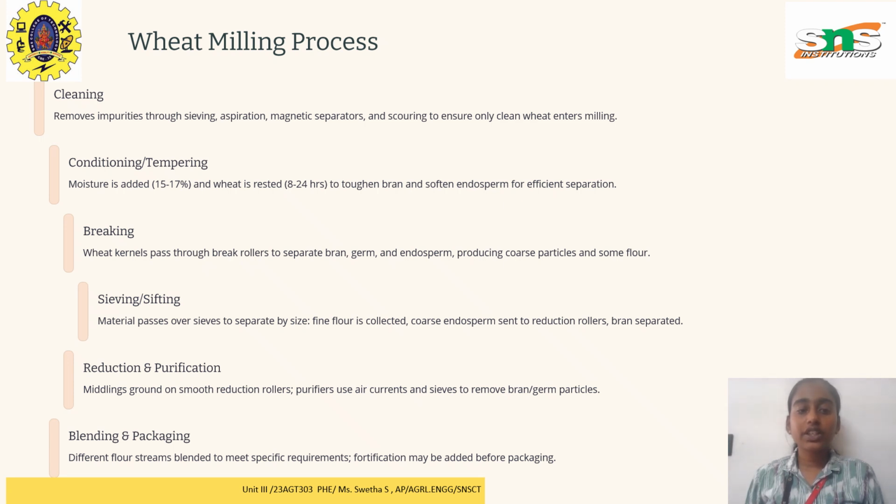Conditioning and tempering is done at 15 to 17% moisture content for about 8 to 24 hours depending on the type of wheat. Then breaking happens to separate the kernels from grains, then sifting is done, then reduction and purification. After all, blending, where we can blend with vitamins and minerals, and then packaging happens.